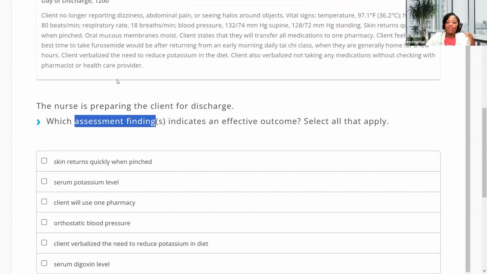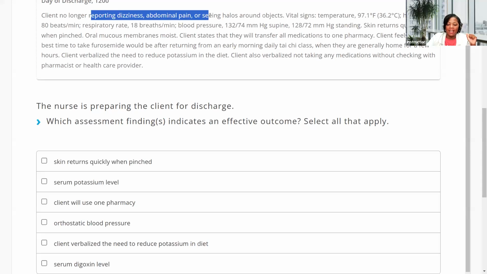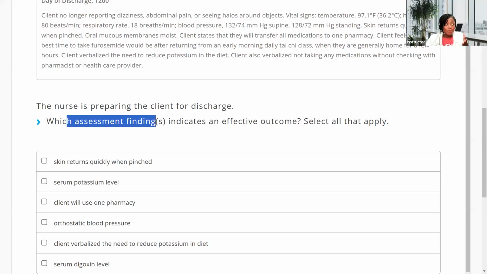Analyzing that if the patient is no longer reporting the dizziness, the abdominal pain, or seeing halos, this means that their digoxin level has improved. Even though we don't know the actual value, that is an indication of an effective outcome based on our assessment. The patient tells them, I don't see halos anymore, I'm good.